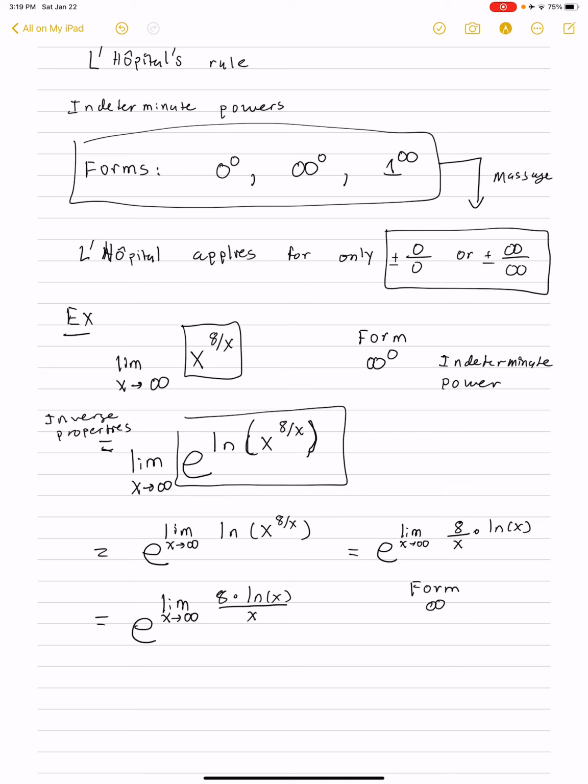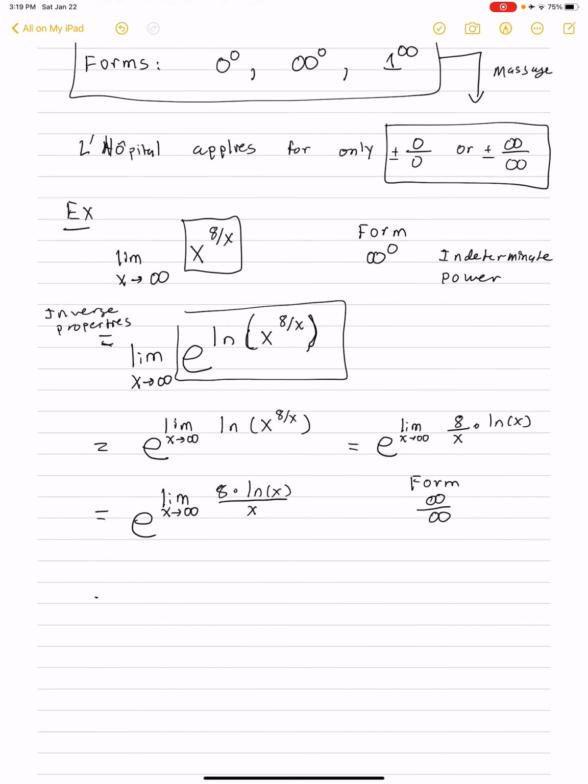is infinity over infinity. So I can apply L'Hopital's rule inside of the exponential. So this will be the limit as x goes to infinity, derivative of ln of x is 1 over x, derivative of x is 1. So this is L'Hopital.